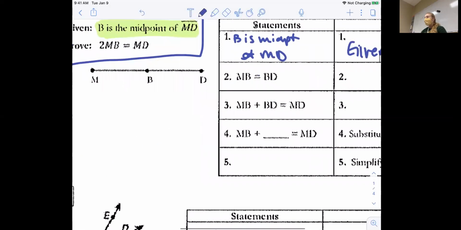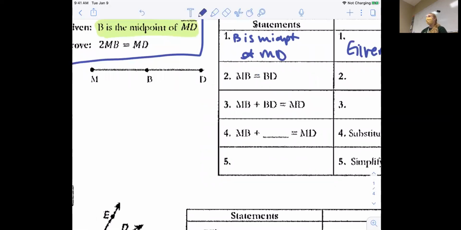Now the prove tells you when to stop. It's like if you do Google Maps, you start at your house and then you end at wherever your destination is, right? We need to know where we're ending. If we have no idea where we're going, how do we know where to go? You don't know whether to turn left or right or go north or south. So we're going to write this in my very last box.